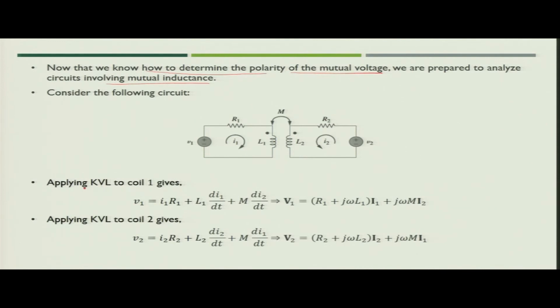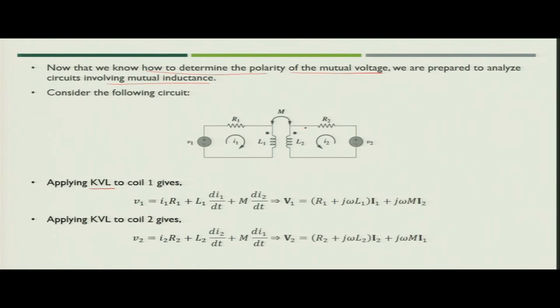We can use Kirchhoff's voltage law to write the equations for both of the meshes. Let us say that the current I1 in this mesh is in this direction, and I2 is in this direction. For coil 1, V1 is I1 R1 plus L1 dI1 by dt because of the coil 1 self inductance, plus M dI2 by dt.